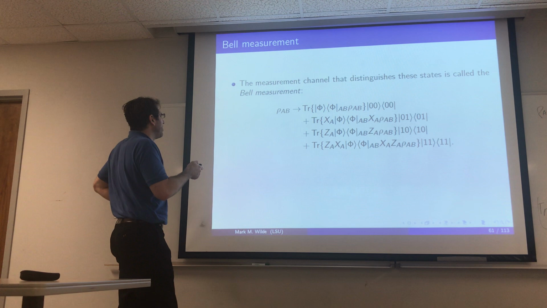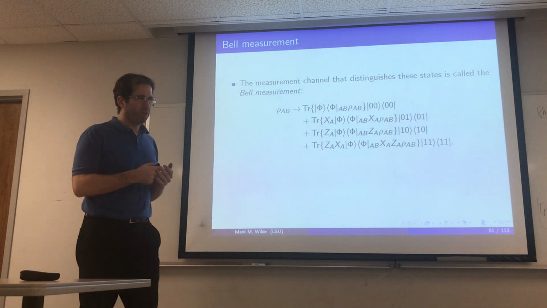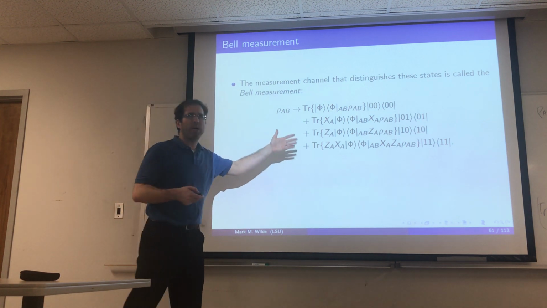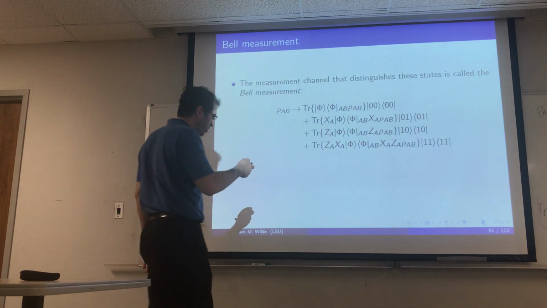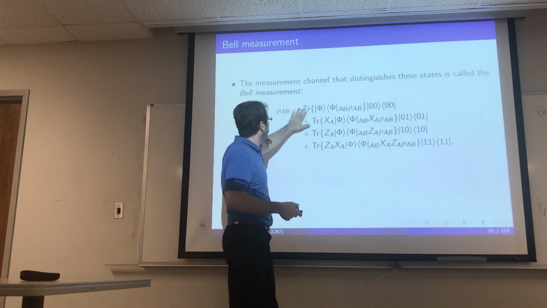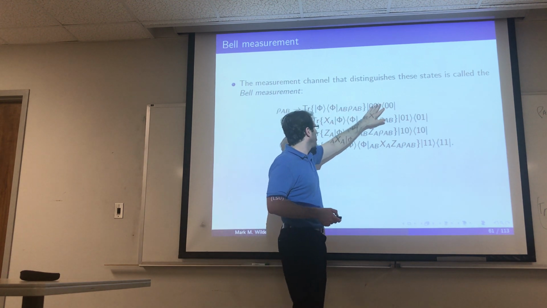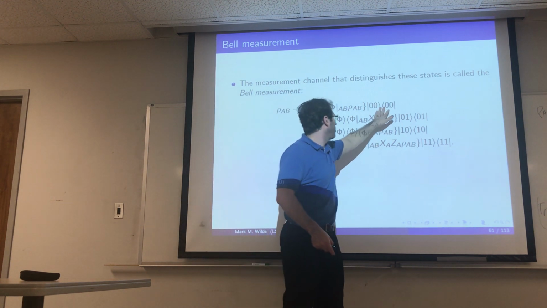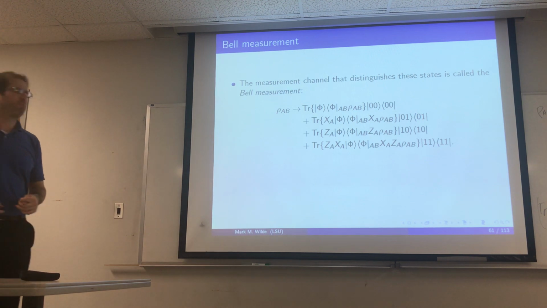So you would send in your density operator that's in some kind of state, and then if you want to do a measurement with respect to this Bell basis, that's what it's called, the orthonormal basis we wrote on the previous slide, this is the measurement that you do. So then, if in fact the state were phi, you do this calculation, you get 1, and then you'd have 0, 0, and then all these other ones, the overlap is 0. So you'd just be left with 0, 0, and that's your measurement outcome. 2 bits, 0, 0. 2 classical bits.